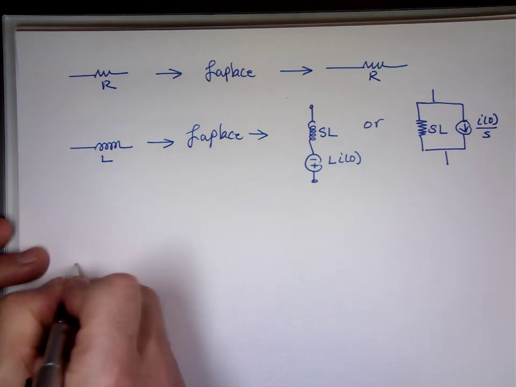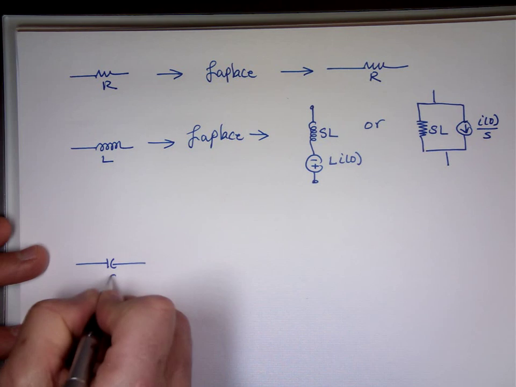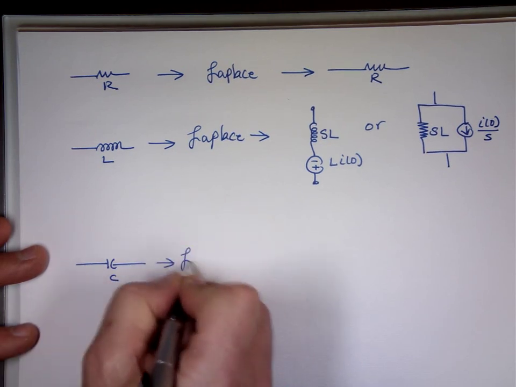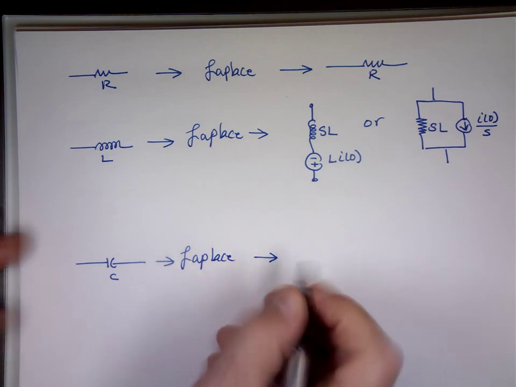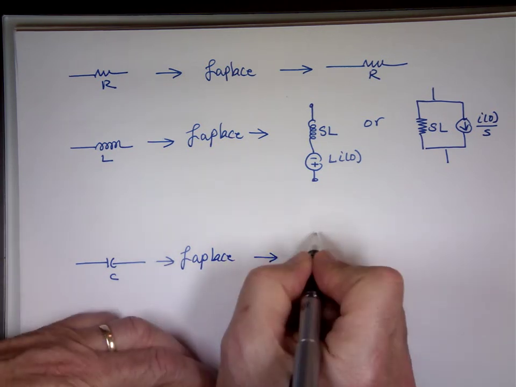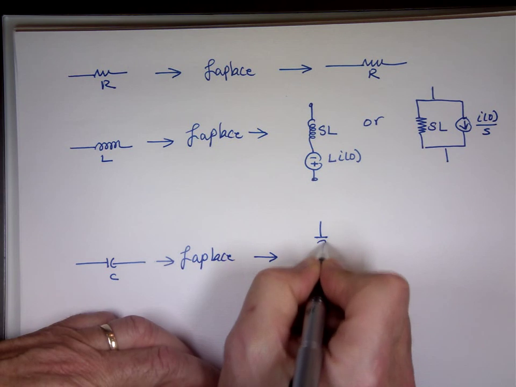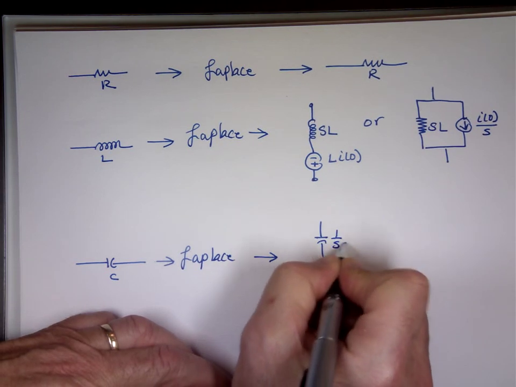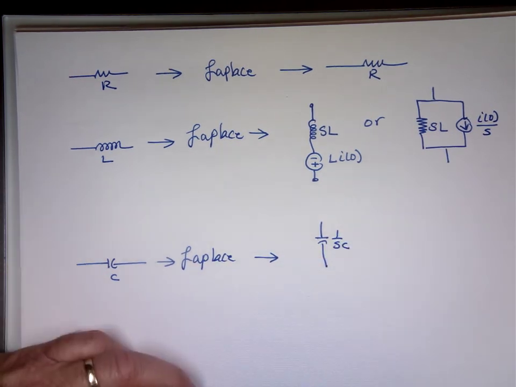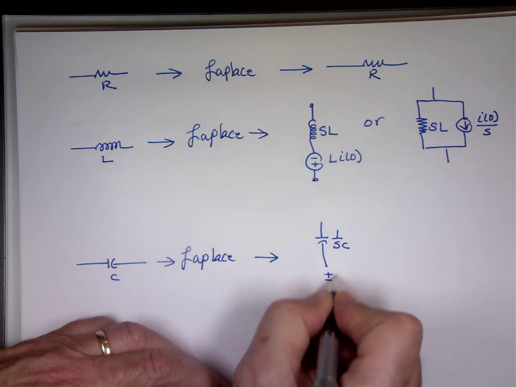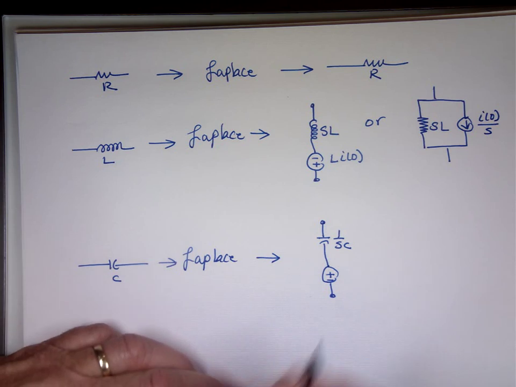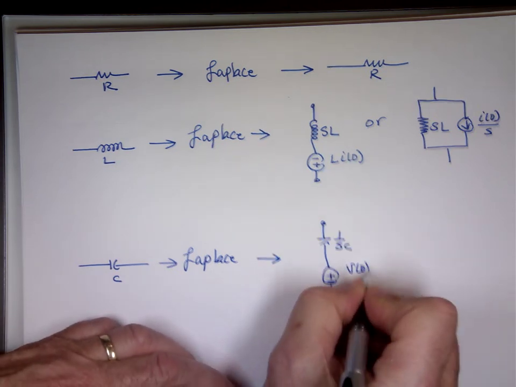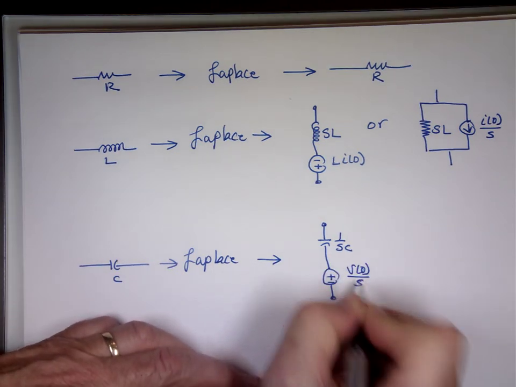When you have a capacitor, the Laplace of that will be 1 over SC. We did this one, with the voltage source of V0 over S. That's the integral one.